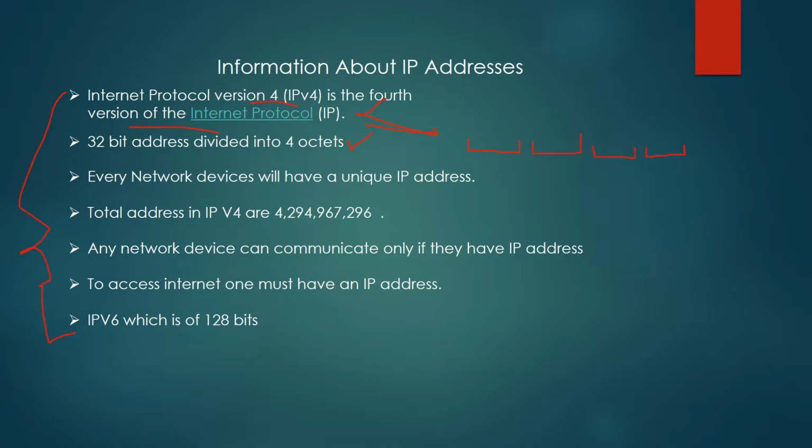The first 8 bits will be in the first octet, the second 8 bits here, the third 8 bits here, the fourth 8 bits here, and in total we have 32 bits. So this 32-bit IP addressing system is divided into 4 octets.